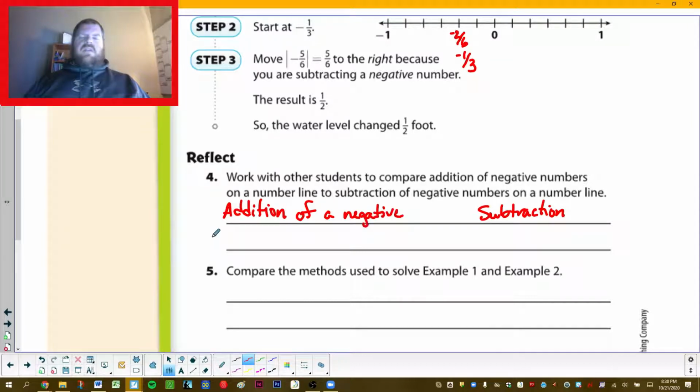And so I'm looking at something like 1/2 plus -3/4. Okay, and so to do that, I'm going to end up moving left, because we are talking about on a number line. Move left.